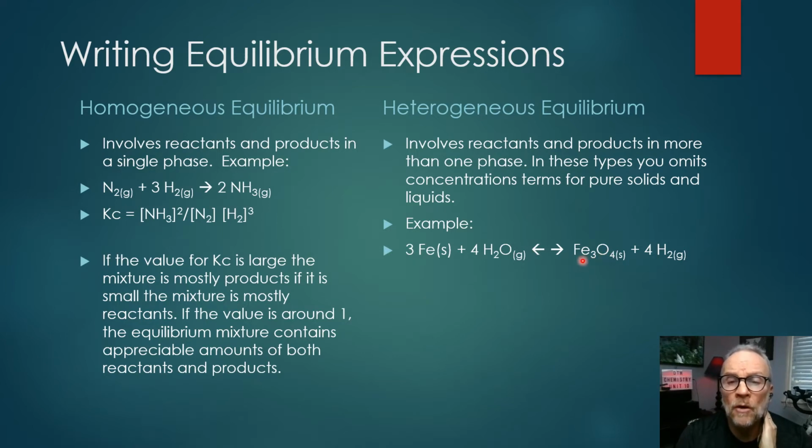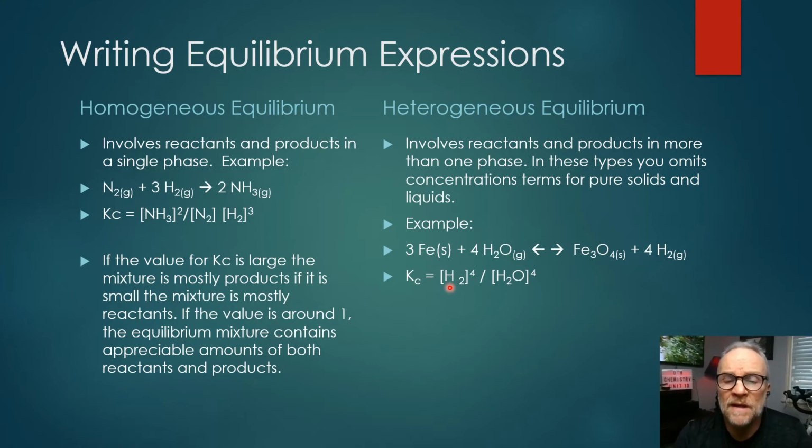It's important to note here that even though they're not in the equilibrium expression, they have to be present for the reaction to occur. But they maintain their concentrations, and their concentrations don't change, so the concentrations of the water and the hydrogen are the most important.